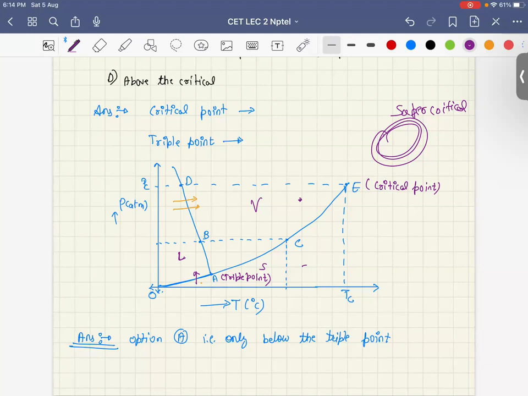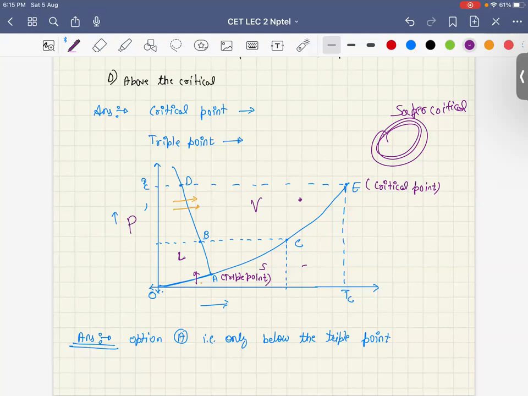This is a TV diagram. Sorry, let me check. Oh, this is a PT diagram.